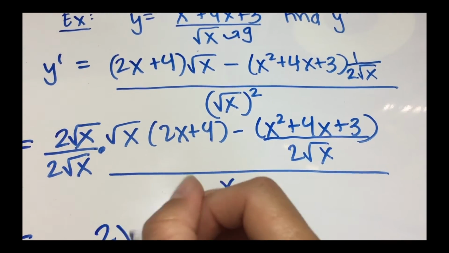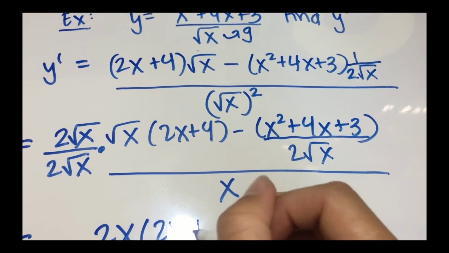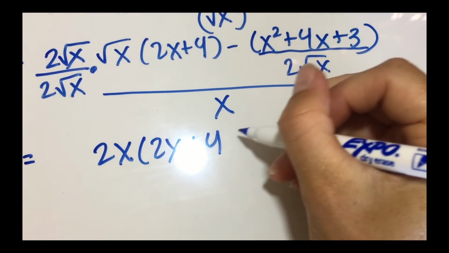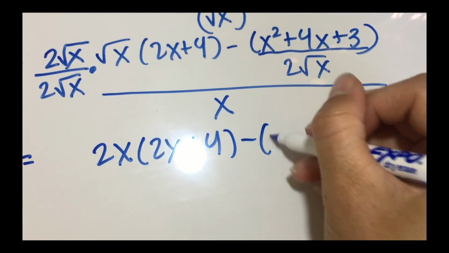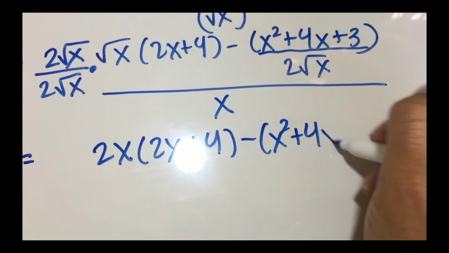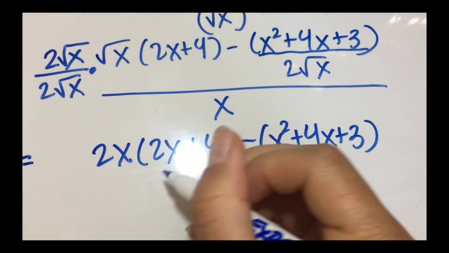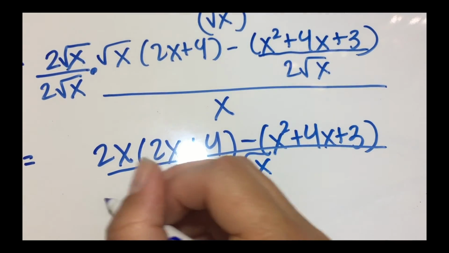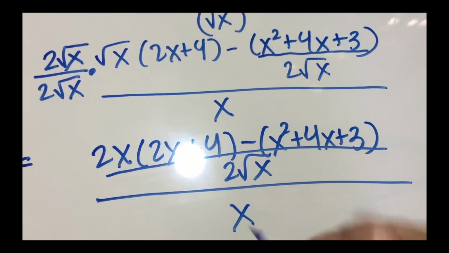So then I will get 2x times 2x plus 4 minus x squared plus 4x plus 3 over 2 times the square root of x all over x.